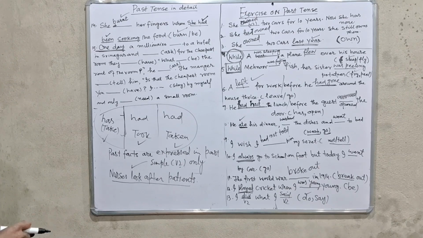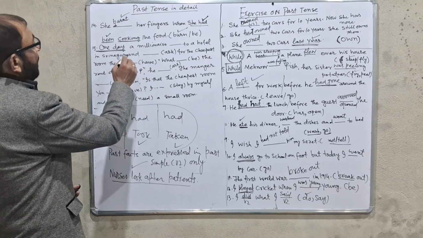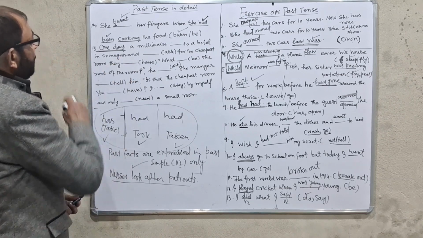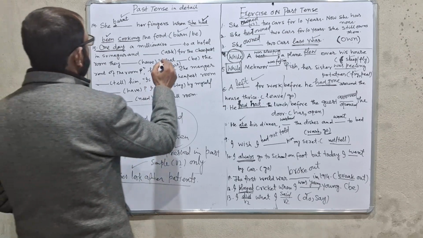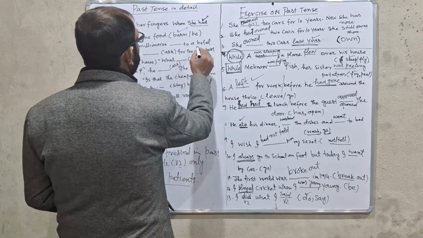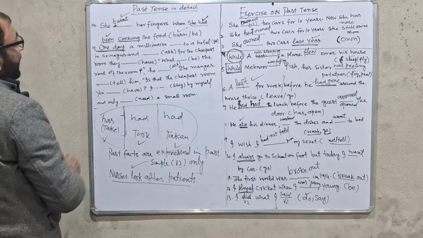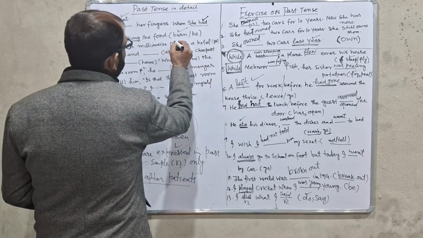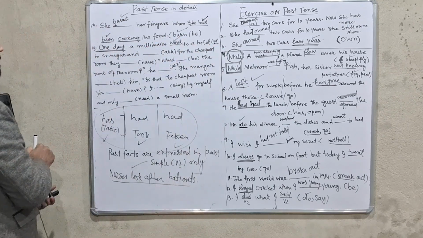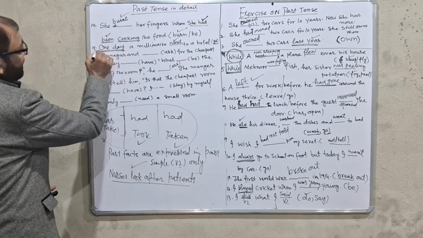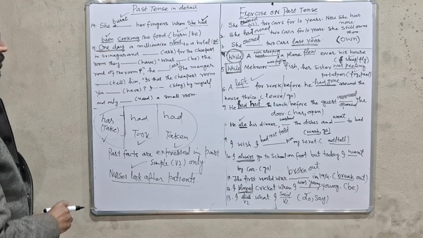One day, a millionaire dash to a hotel in Srinagar. The verb is not given here, and the verb is go. One day, a millionaire went, second form. The past simple of go is went. One day suggests which verb you should use.